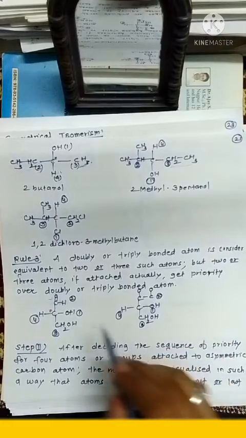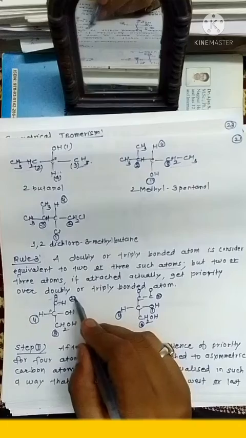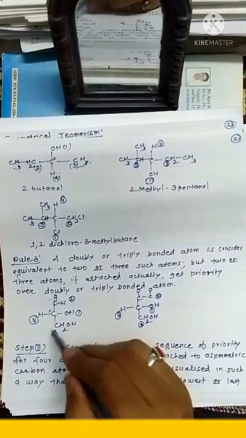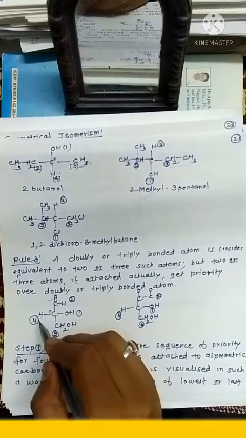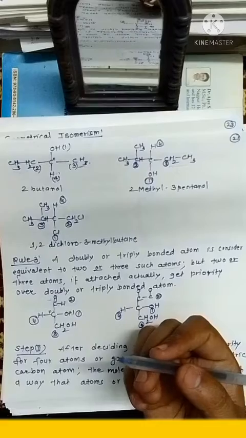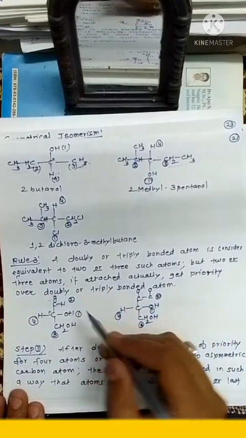That's why the overall priority sequence in this case is: first OH, second this carbonyl, third this alcoholic CH2OH group, and last hydrogen. This is the first step, to decide the priority sequence.